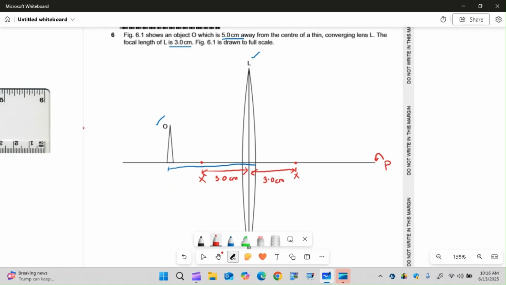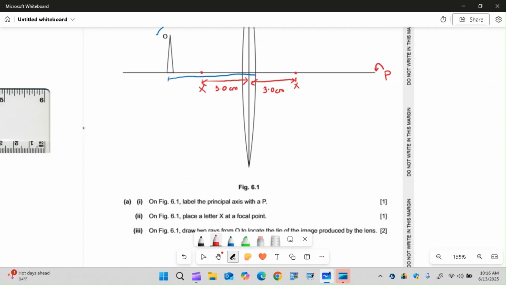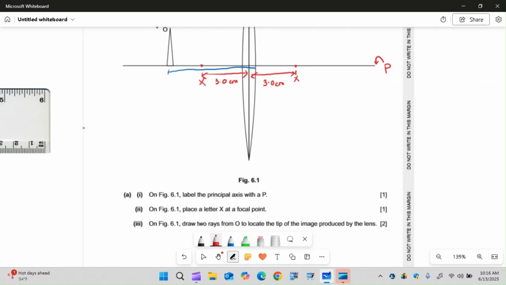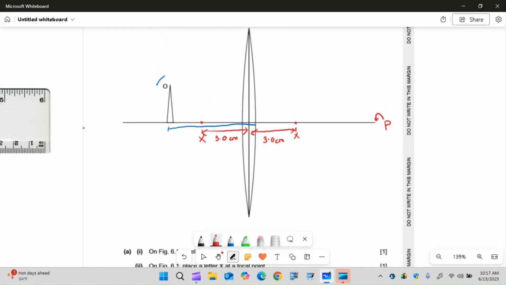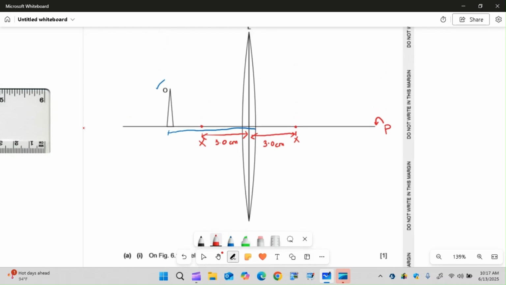Moving to the third part of the question. On the figure, draw two rays from O to locate the tip of the image produced by the lens. This is very important to understand. Whenever we try to form an image, there are three rays.